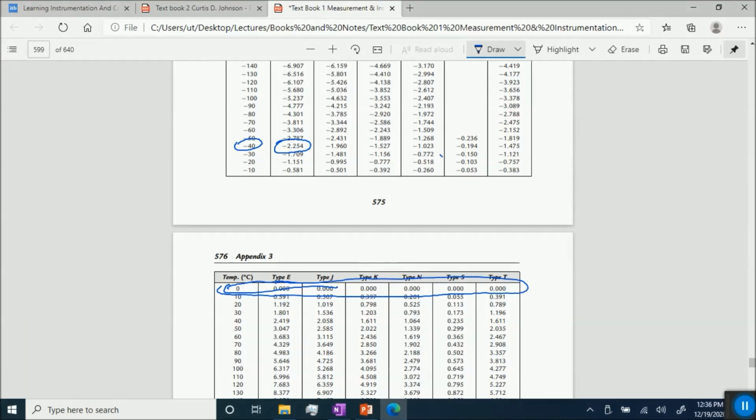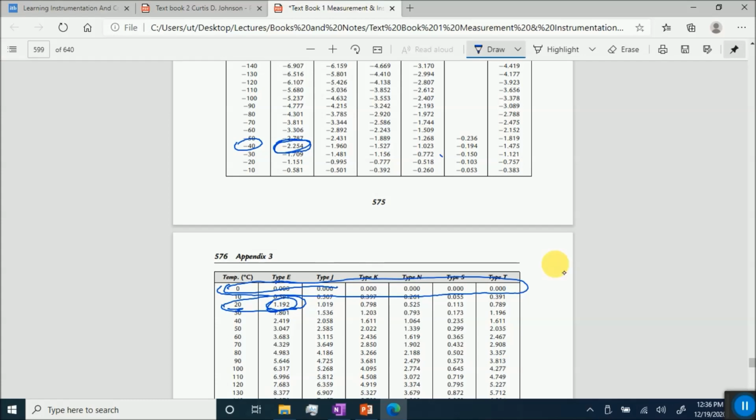So what if your reference was not 0 but 20 degrees in your case? What you have to do is find the value of EMF in front of the 20 degrees, and that is 1.192 millivolts. And then you have to subtract this value from your actual value. You have to shift it down.